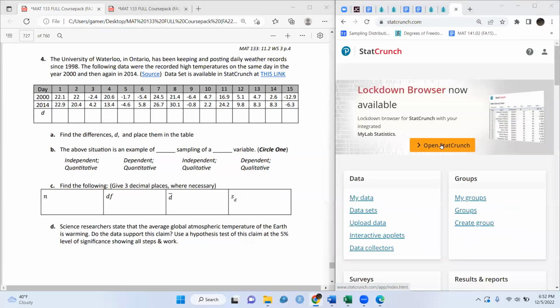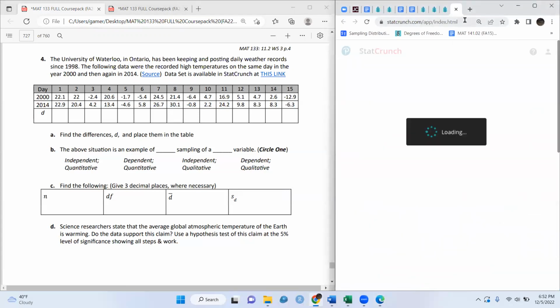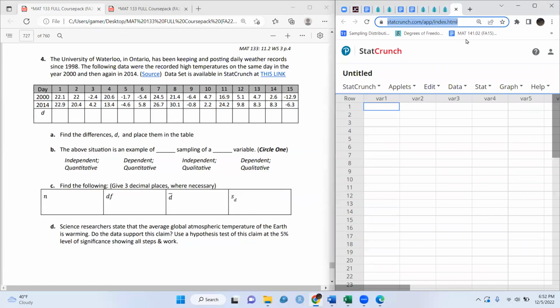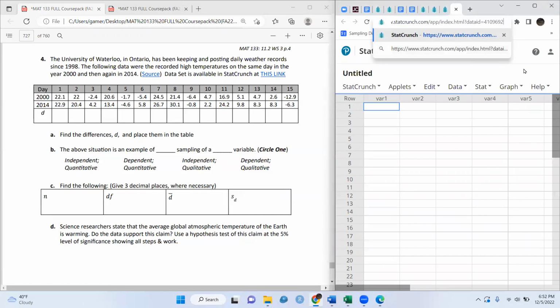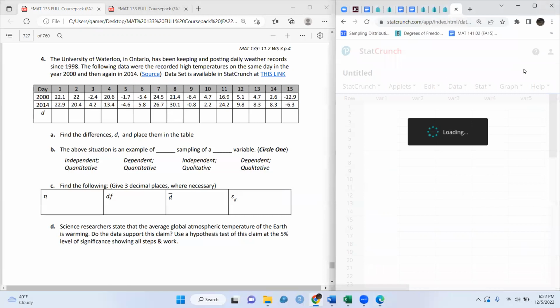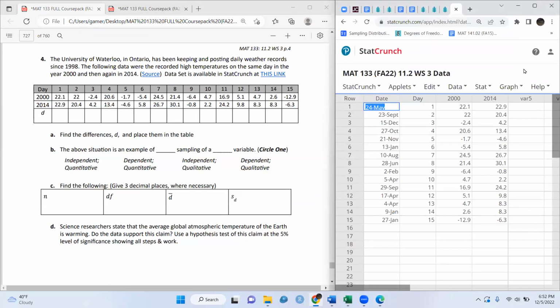Let's see what happens. I think it just took me to StatCrunch. Hey, there we go. Okay, it worked. So I'll dump it in here, see if it works for you all. If it does, that's nice, because then you don't have to enter the data set. It's got the 2000 to 2014.